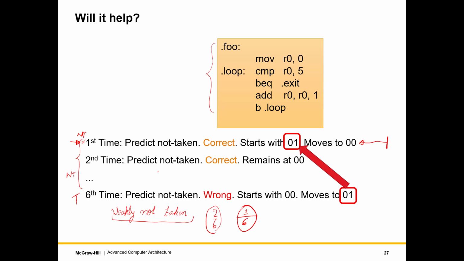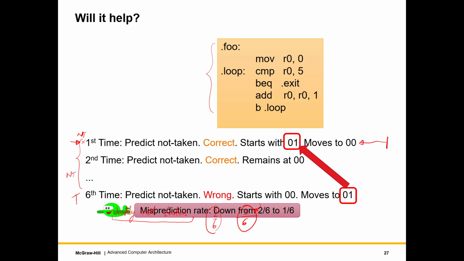All right, so as you can see, we remain at 0 0. In this case, because the state is taken, we move to 0 1. The next time we start with 0 1, we move to 0 0. So even if we were to execute these 5 iterations with 6 branches over and over and over again, we will still see that our error will saturate and stabilize at 1/6.